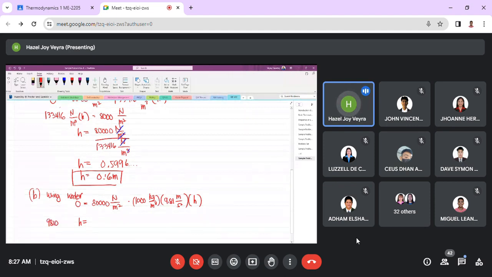So we have 9,810 kilogram per meter squared. This is 1 Newton. So 9,810 Newton per meter cubed times H is equivalent to 80,000 Newton per meter squared. Solving for H, what's the answer, class?